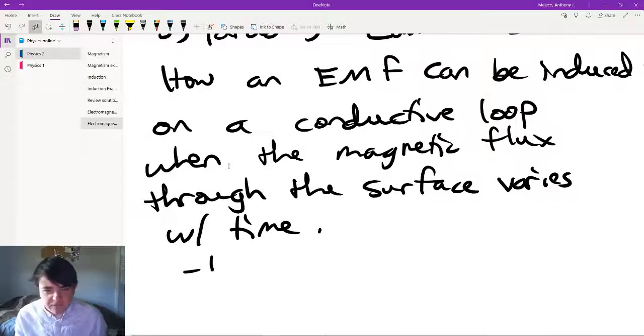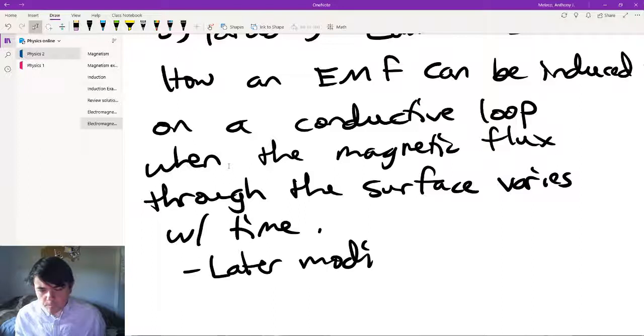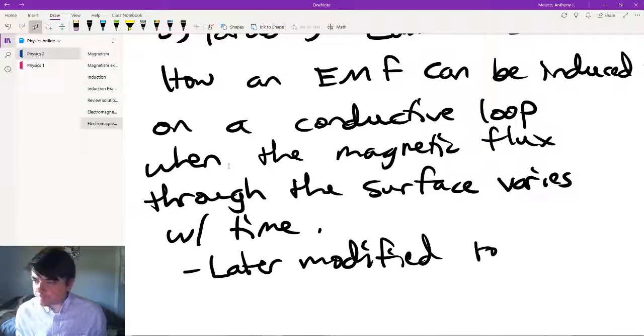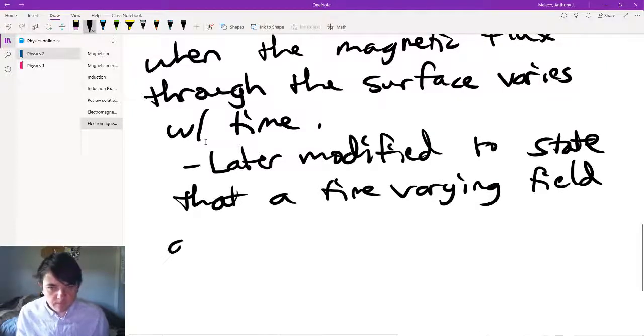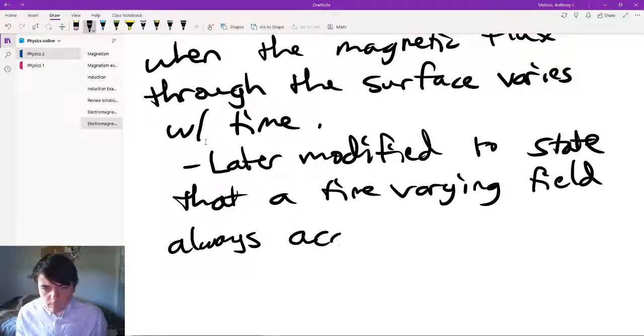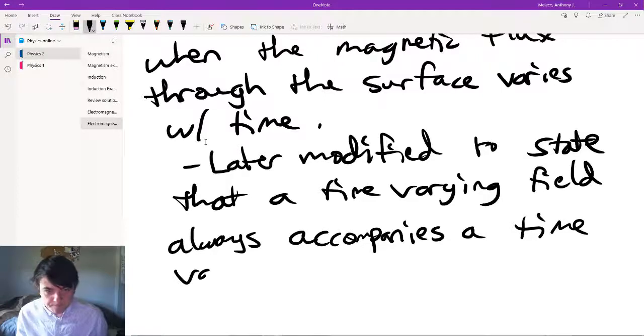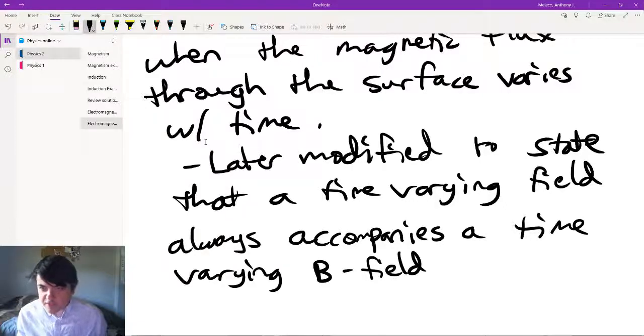Maxwell himself added something to this, so this was later modified by him. It was modified to state that a time-varying E field always accompanies a time-varying B field.